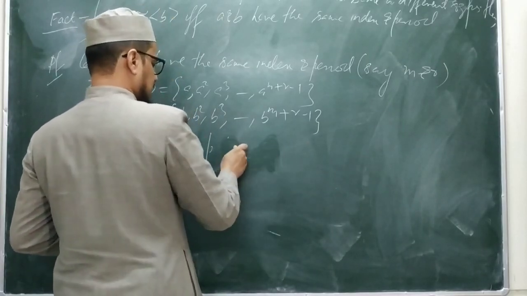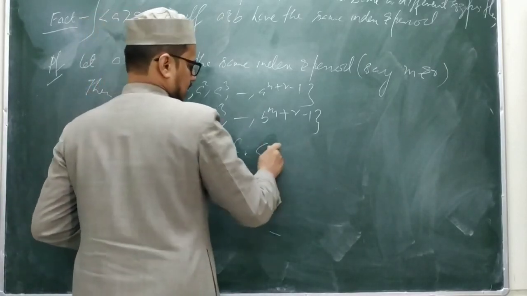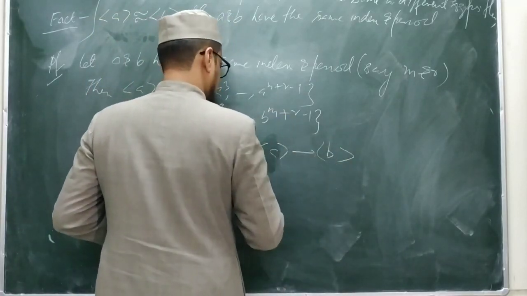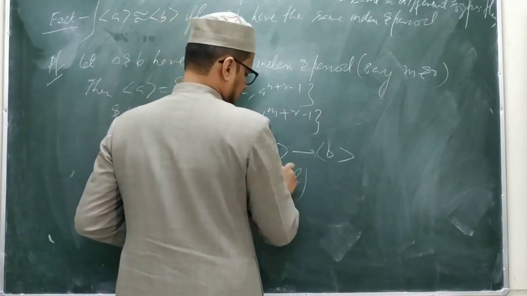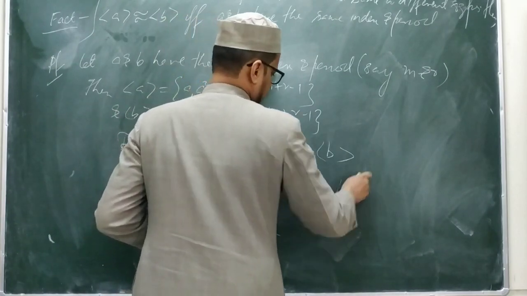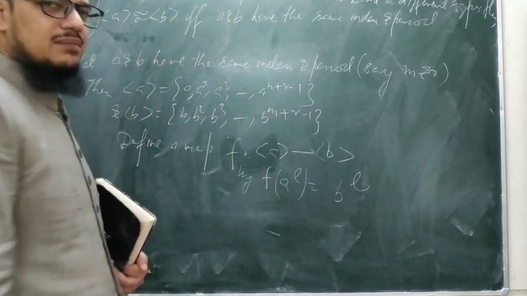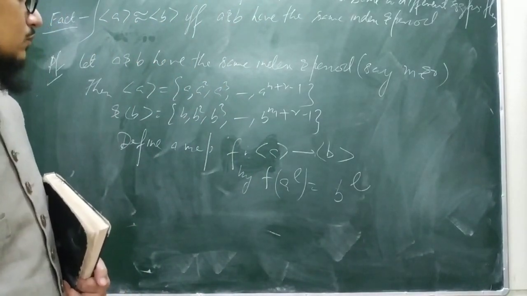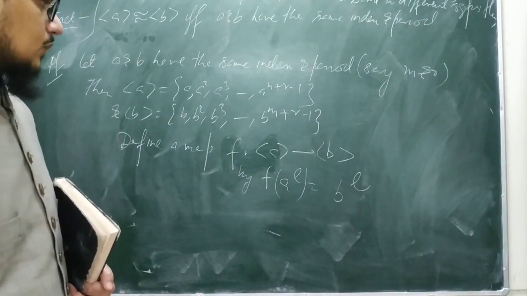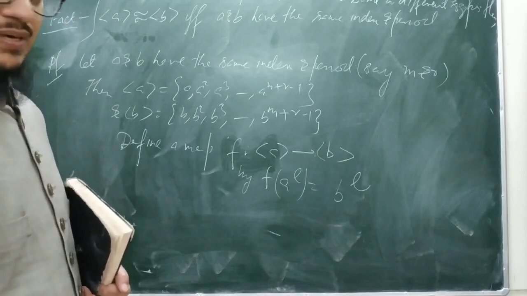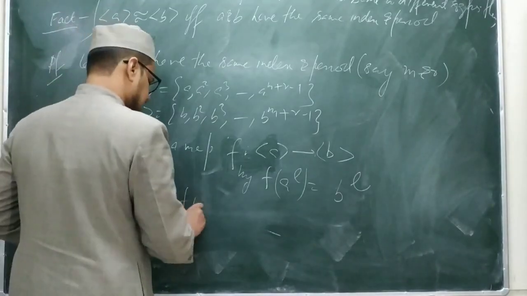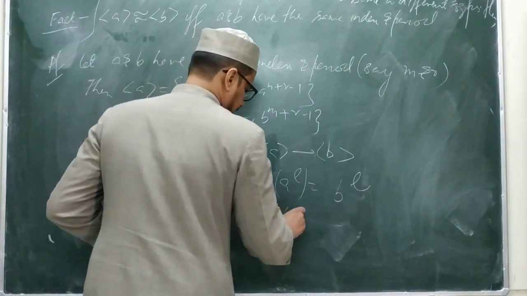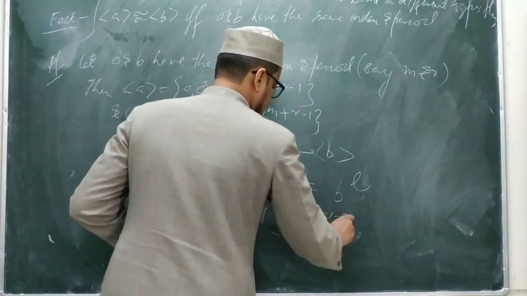To define a map, say f from A to B, by f of A to power L is equal to B to power L. Like this we define a map. Of course, you can see that this map is well defined, and also f is one-one.